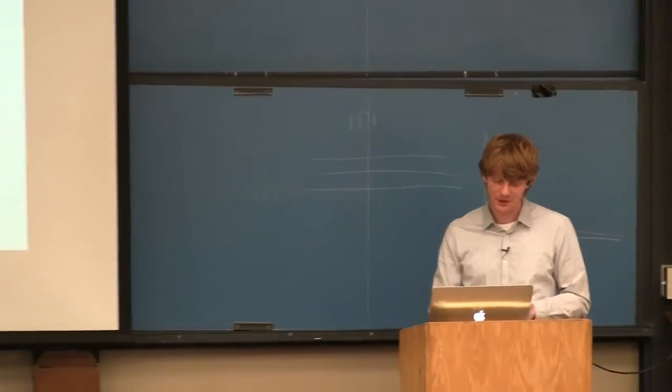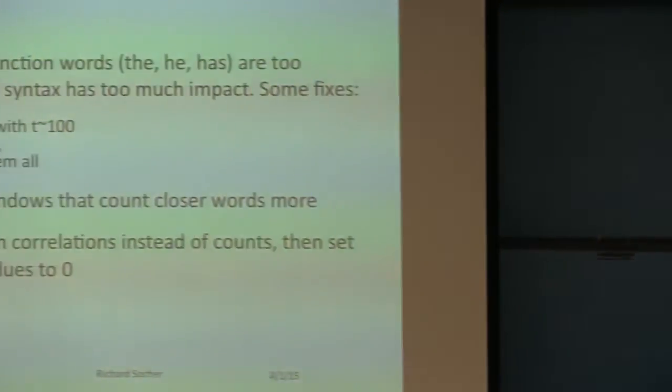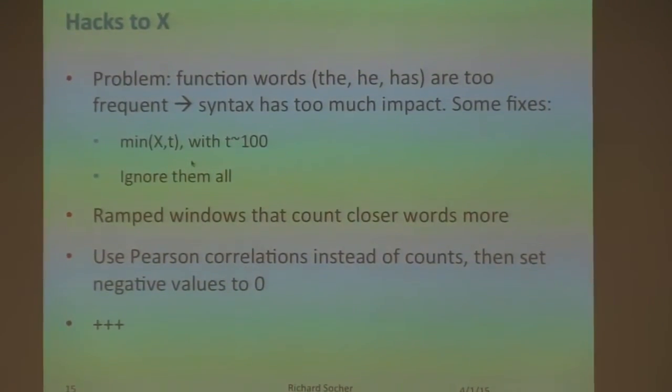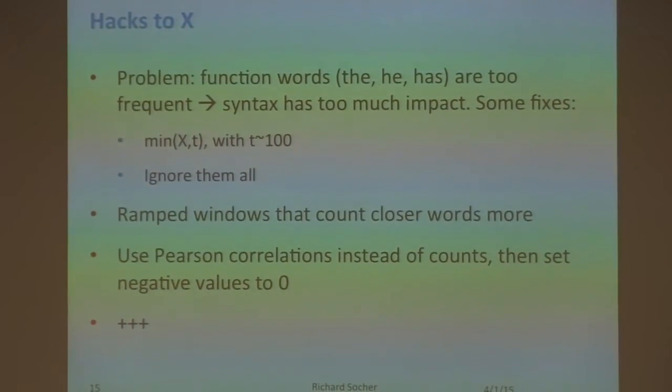One of those is you just cap the maximum number that you have in this matrix. So instead of taking all the counts for the, you just say the maximum count that we can have in the matrix is 100 or 1,000. That way you don't allow these function words to determine the meaning of all the other words, because what that will eventually lead to is more syntactic representations.